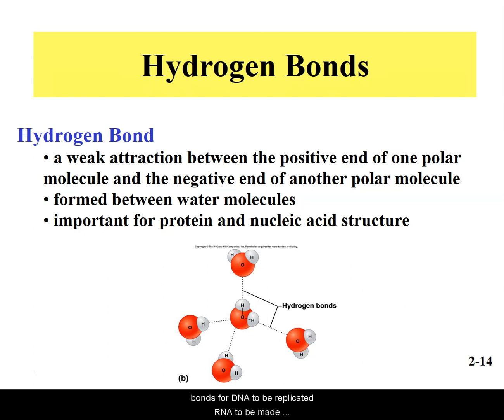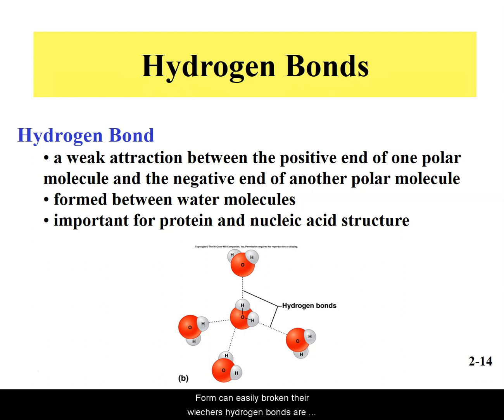For DNA to be replicated and RNA to be made, these simple hydrogen bonds are broken, and then for them to be replicated or made, the hydrogen bonds are important in forming new bonds or new parts to make a new strand of DNA that's semi-conservative that we'll talk about later, or RNA.